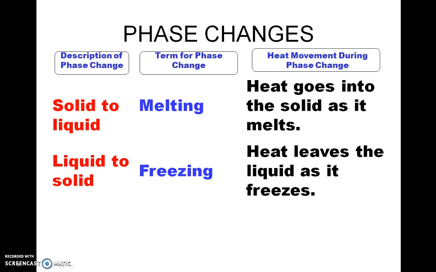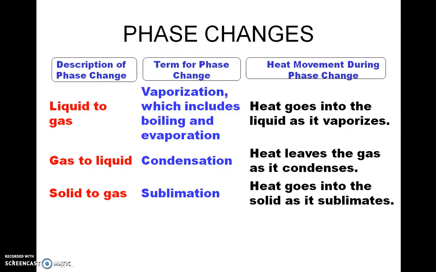But there is also the opposite, liquid to solid, and it's called freezing. If you take heat out of a liquid, it will turn into a solid because the particles will compact again, which is why it's called freezing.